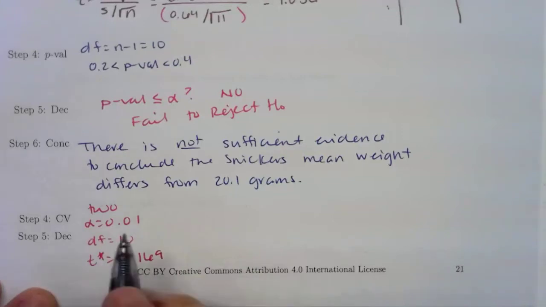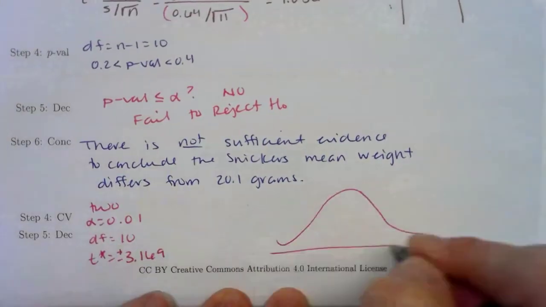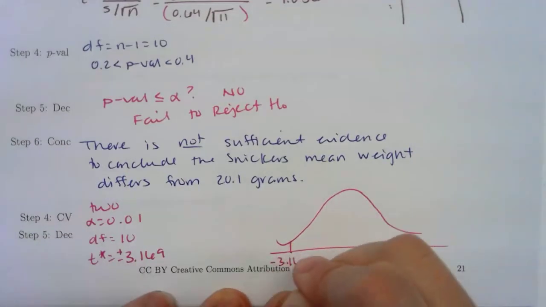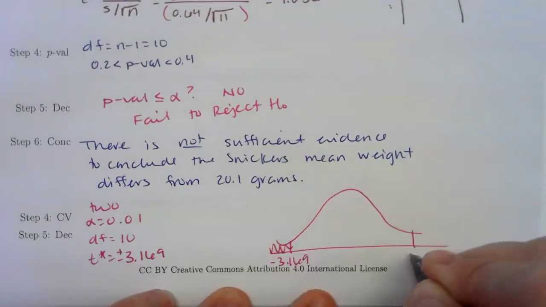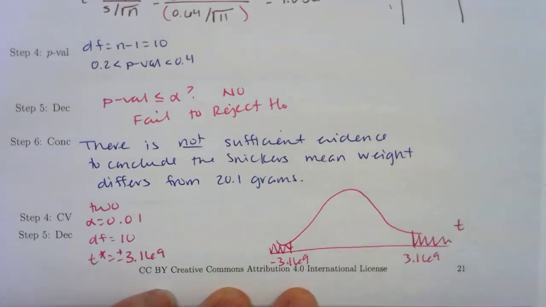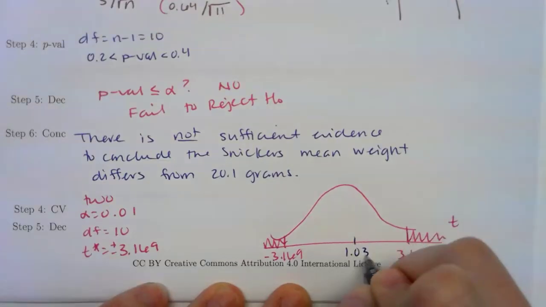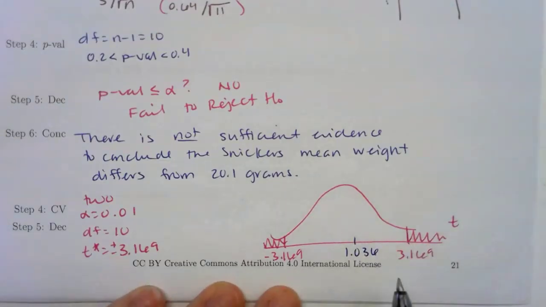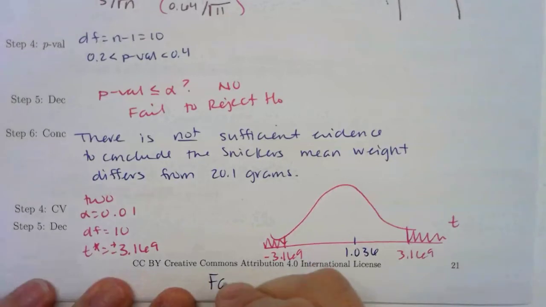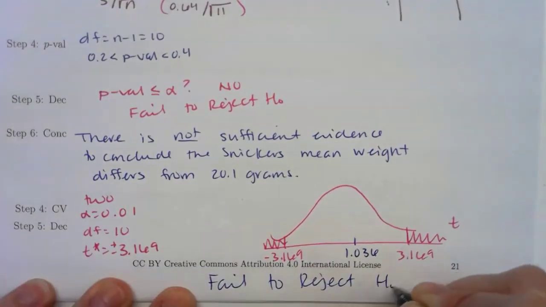Don't forget your signs. Since it's two-tailed, this needs to be plus and minus. Shade to the outside, shade to the outside. And our test statistic is 1.036, which is not in the shaded region. So we fail to reject the null.